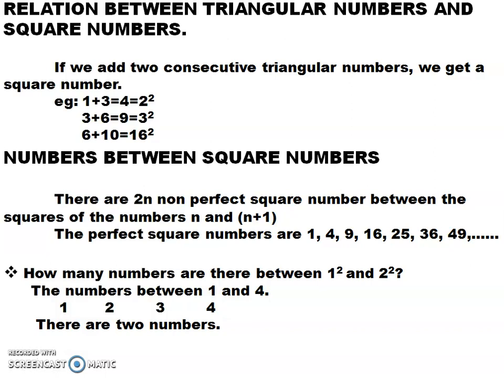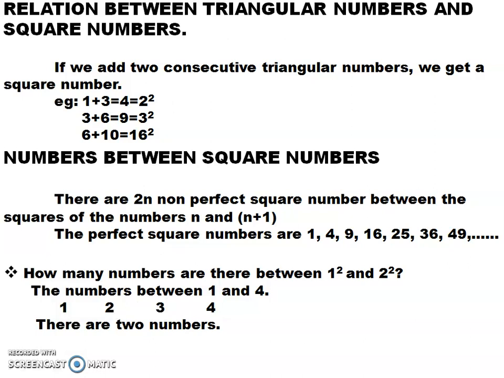You can find this without writing like this. Here I wrote the whole numbers, right? Without writing this, you can find the number of non-perfect square numbers. Non-perfect square numbers means you will not get 2 or 3 by multiplying a number, right?